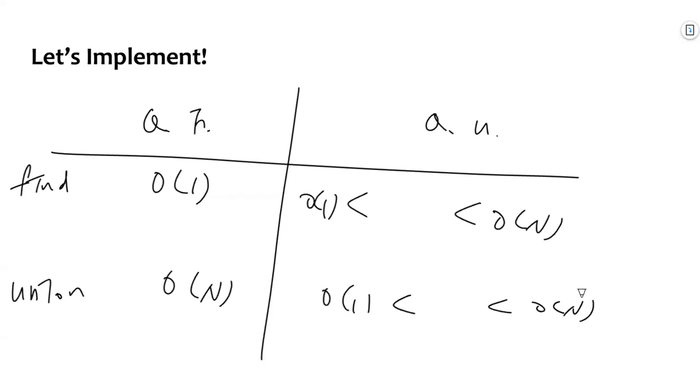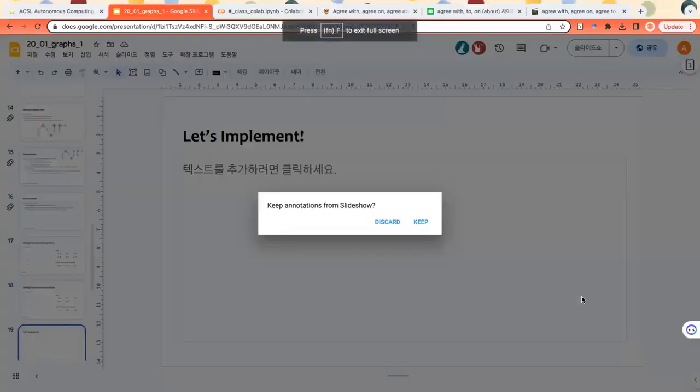Okay, so can you see the difference? From now on, we're going to implement disjoint sets. But before we move on, are there any questions? Okay, cool. Let's move on.